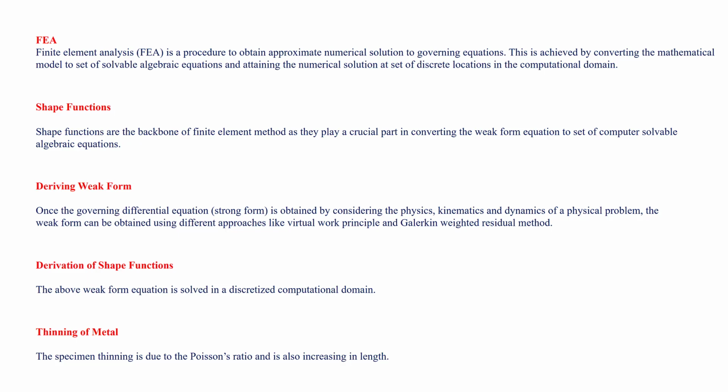Now, how exactly is the shape function formed? First, the differential equations are obtained by considering the physics, kinematics, and dynamics of the physical problems. The weak form can then be obtained using different approaches like the weak principle or the weighted residual method.